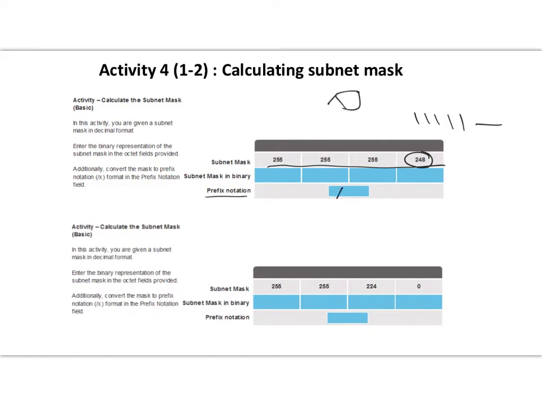So this is a slash 29, exactly. So this is 3 ones and then all zeros. So this is slash 19. Right? So you have 2 bytes, all ones, 16, plus this 224 is 3 ones and then all zeros. Okay, so 3 plus 16. Anyone who's not following how to calculate this? This is very, very easy.